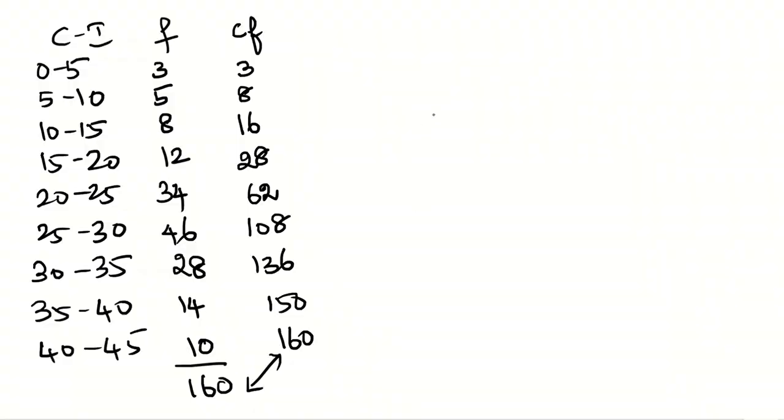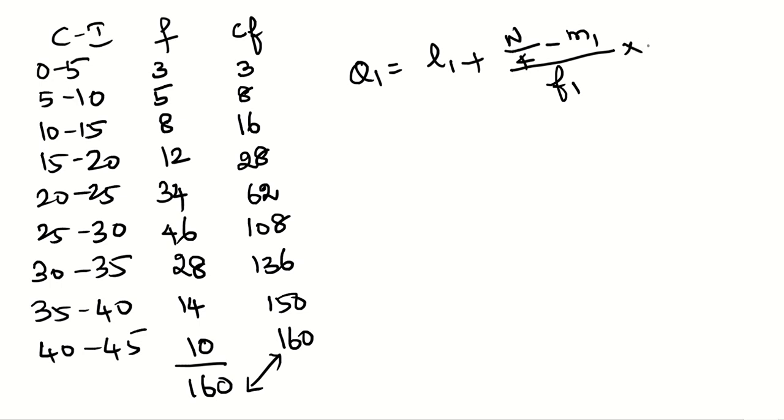Now let us calculate Q1. Q1 is given by the formula: the lower limit of the first quartile class plus n by 4 minus the cumulative frequency preceding that first quartile class, divided by the corresponding frequency of the quartile class, into the width of the class interval.